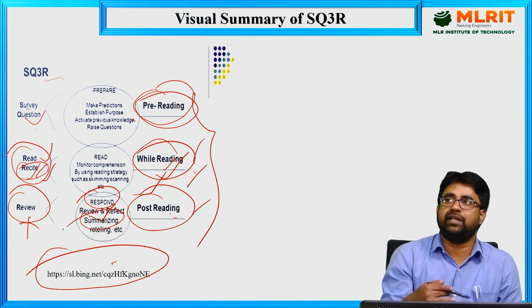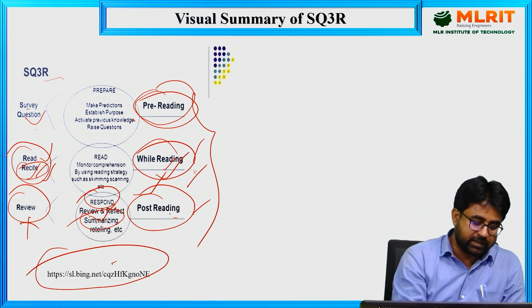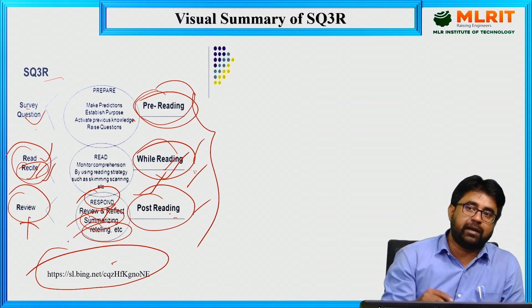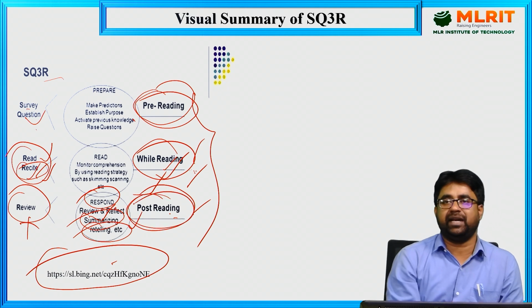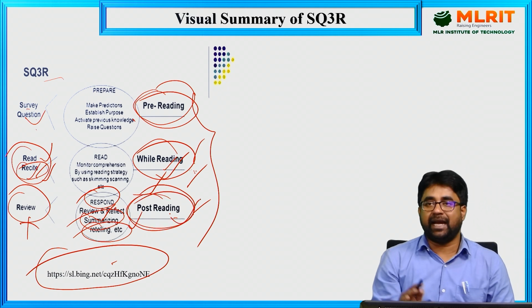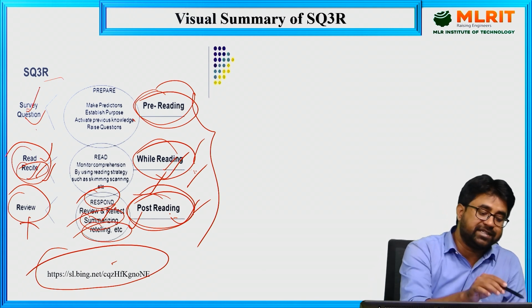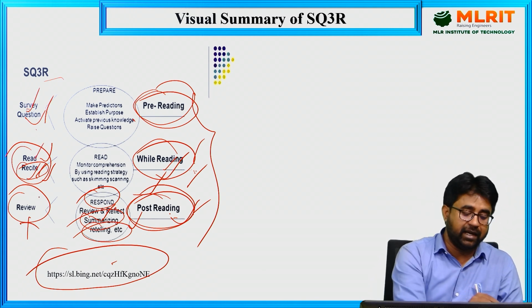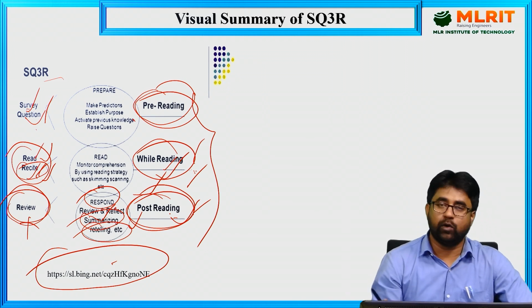You just tell yourself the summary of the entire document. Retelling. Sometimes you restate the main argument in the review phase. So this is the post reading phase. What it does, it actually enhances the output. Whatever output you already got by doing survey, question, and then read and recite, this review phase actually enhances all those things. Fine. So I hope it's pretty clear now.